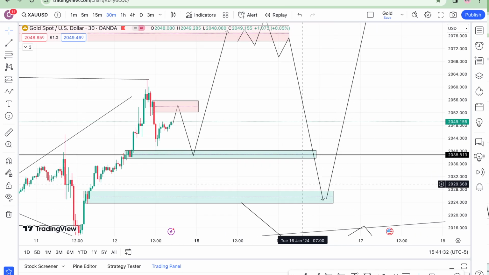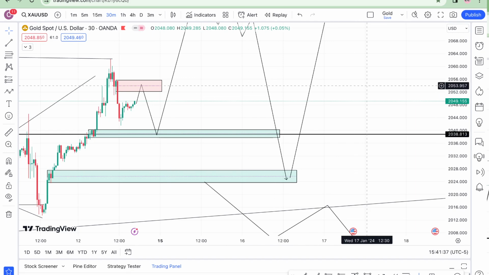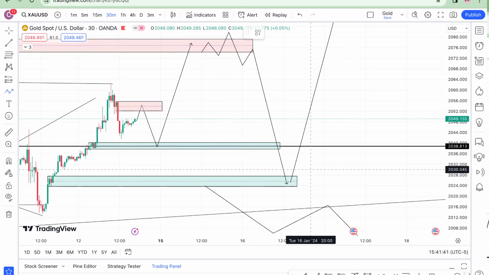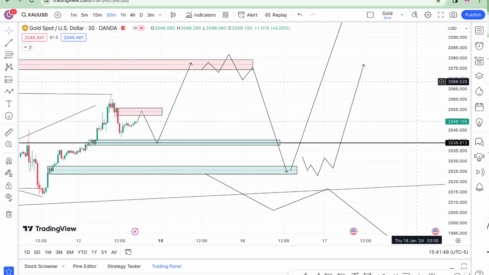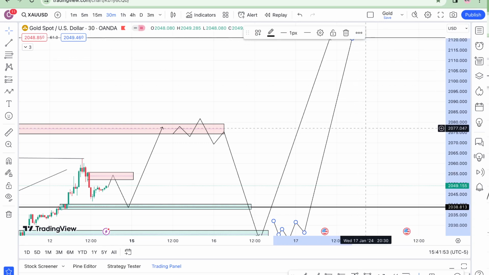If gold comes here, we should look for some confirmation, like the liquidity entry model we have here. Then we are good to go for bullish, and the target for the bullish will be all the way up to 2120.